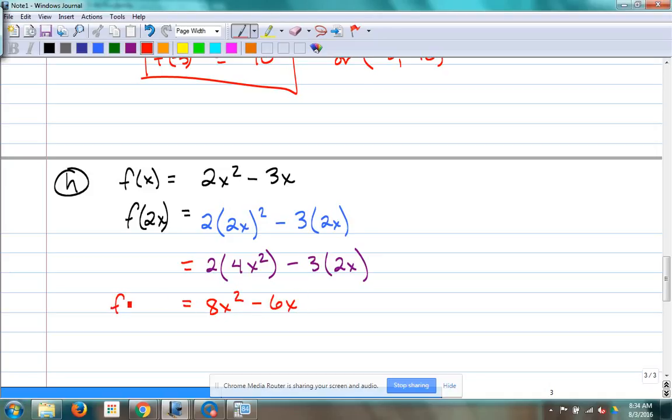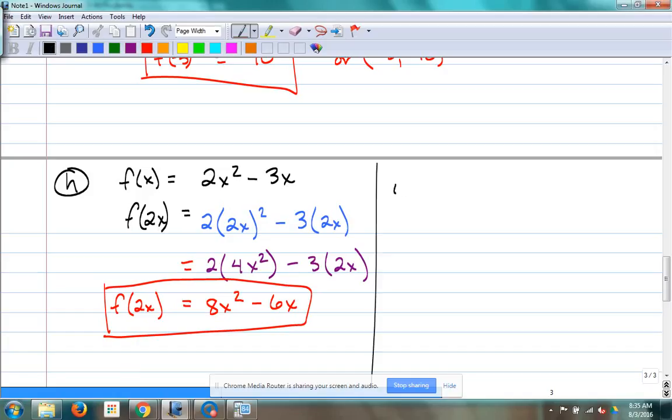And there's our function value for f of 2x. Not a number, but yet another equation out of that. Very basic stuff, but still important.